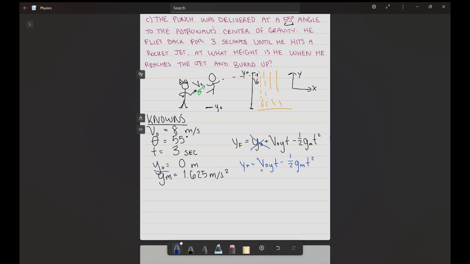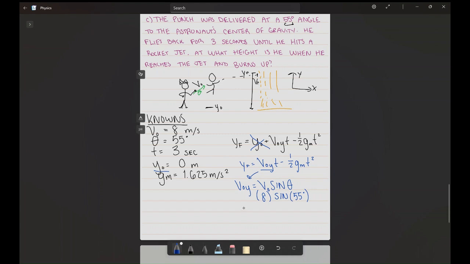We don't exactly have v naught y yet. So what we need to do is find v naught y, which is equal to v naught sine of theta. We know our v naught from the previous problem is 8 meters per second, and we're going to have 55 for our theta.